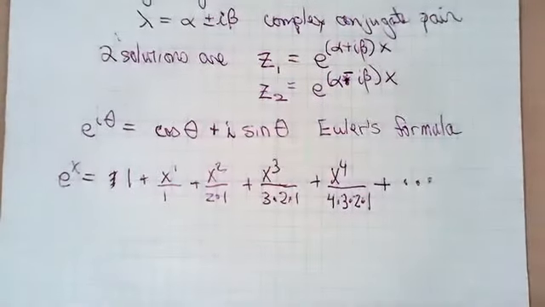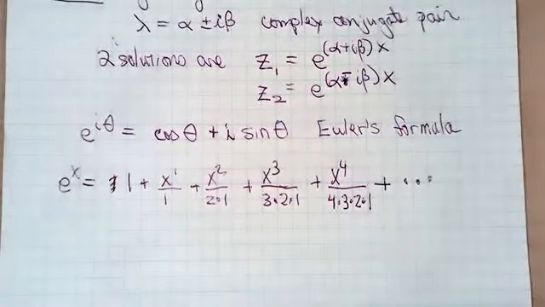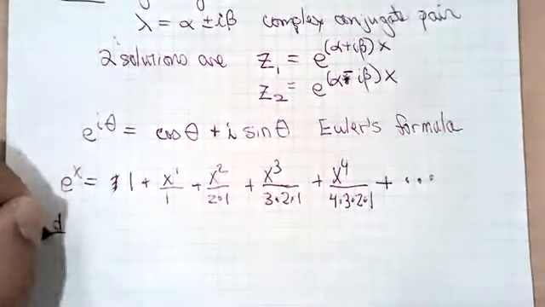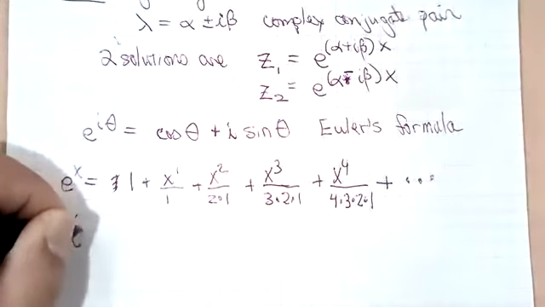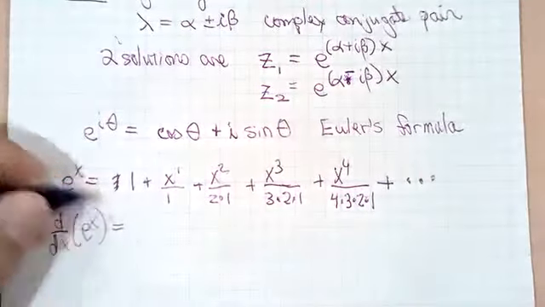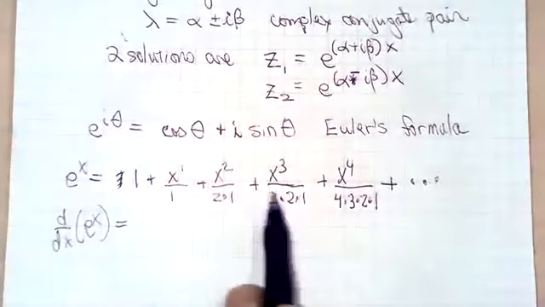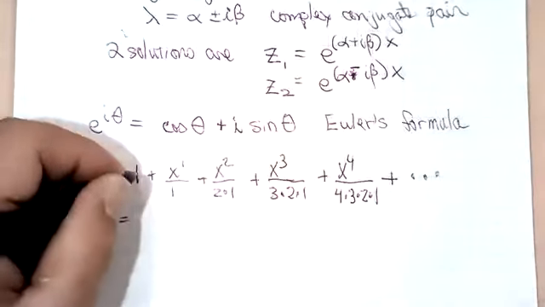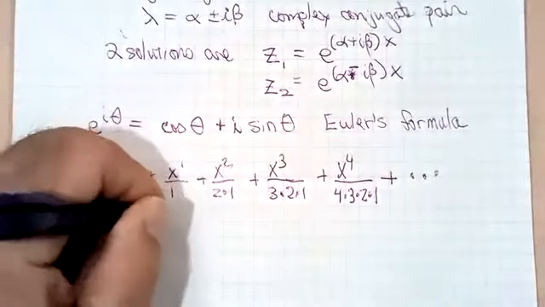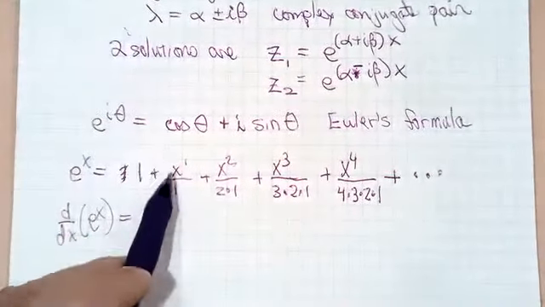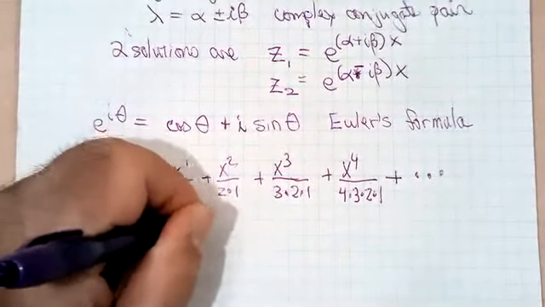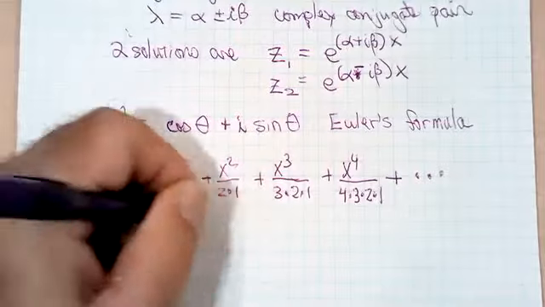Now, this is just an aside. It's not part of the derivation, but this is worth noticing. What would happen if you took the derivative of e to the x? Well, every one of these terms is just a polynomial term. We know how to take the derivative of that. Derivative of 1 is 0. The derivative of x to the 1 is 1x to the 0 over 1.